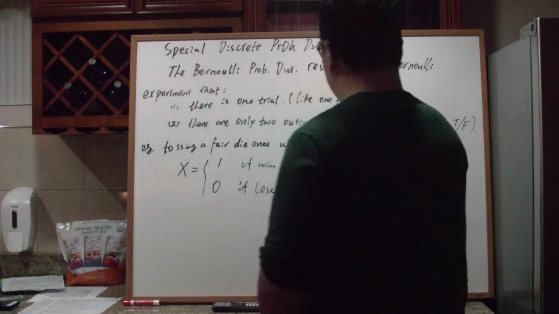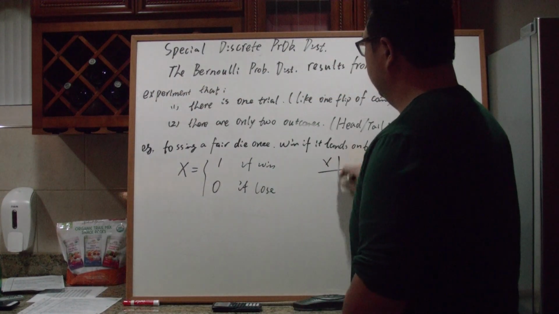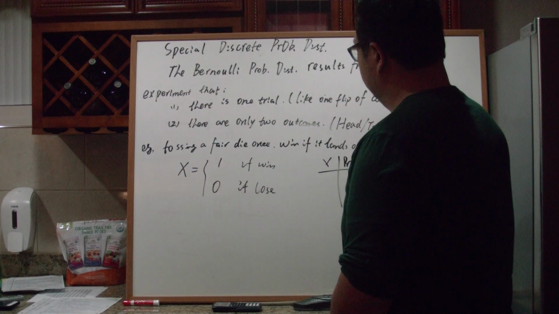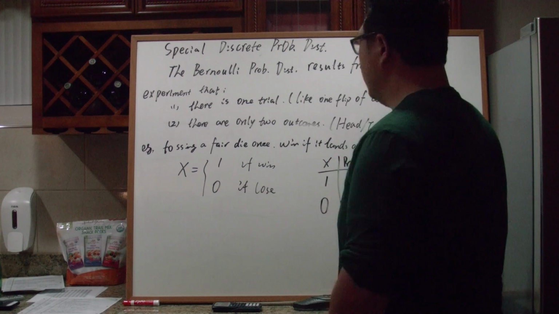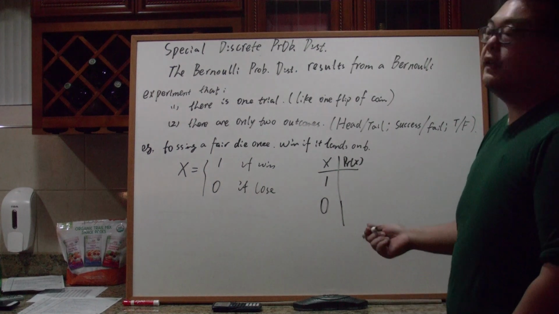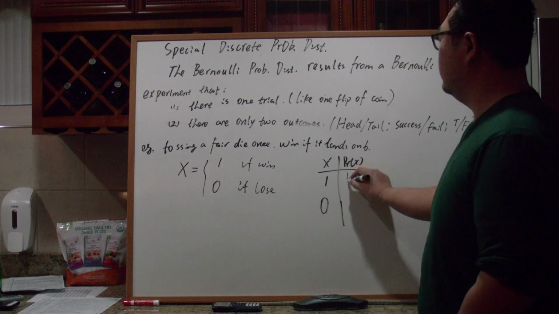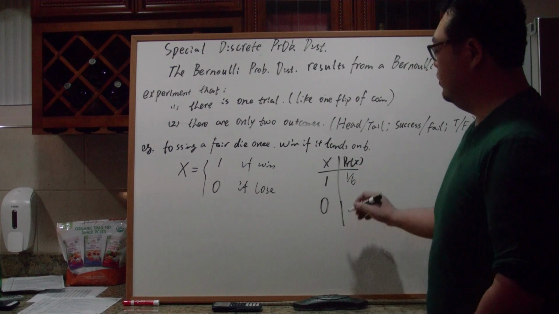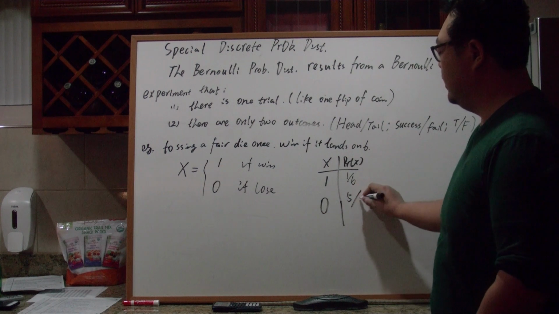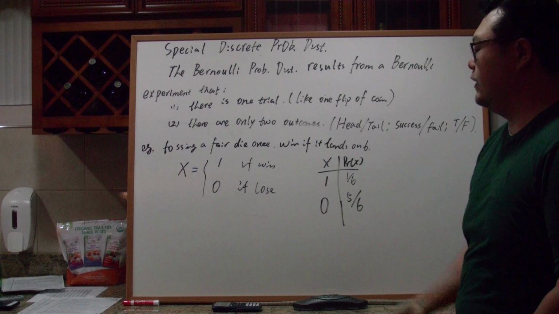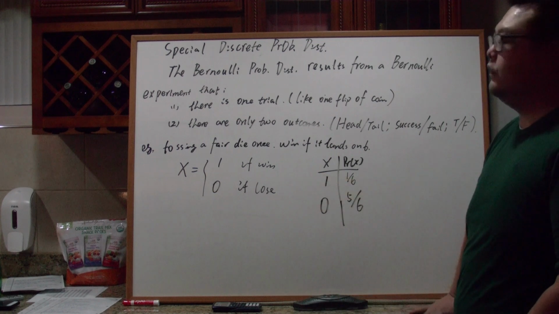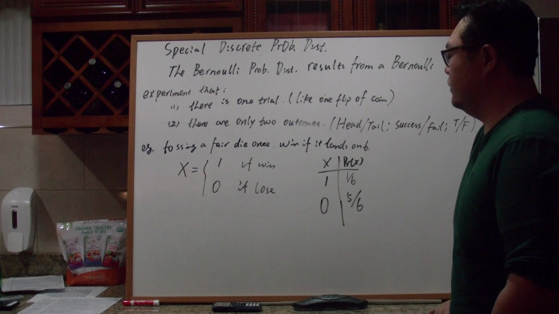Then we have the probability distribution. You win if it lands on 6, so we have 1 out of 6 ways to win, and the other 5 numbers are the losing part. So 1 or 0 defined that way. It could be defined in different ways, of course.